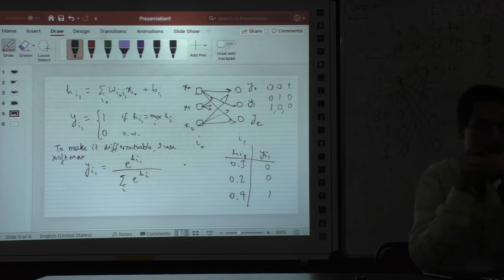Just compute for this h_i1 what will be my y_i1, using this formula.